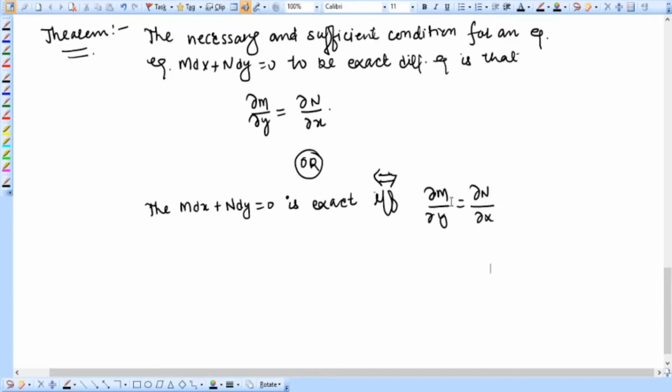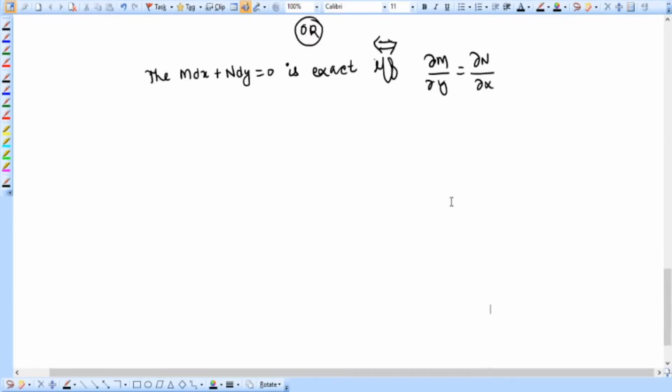So let me make you understand what we mean by this necessary and sufficient condition.